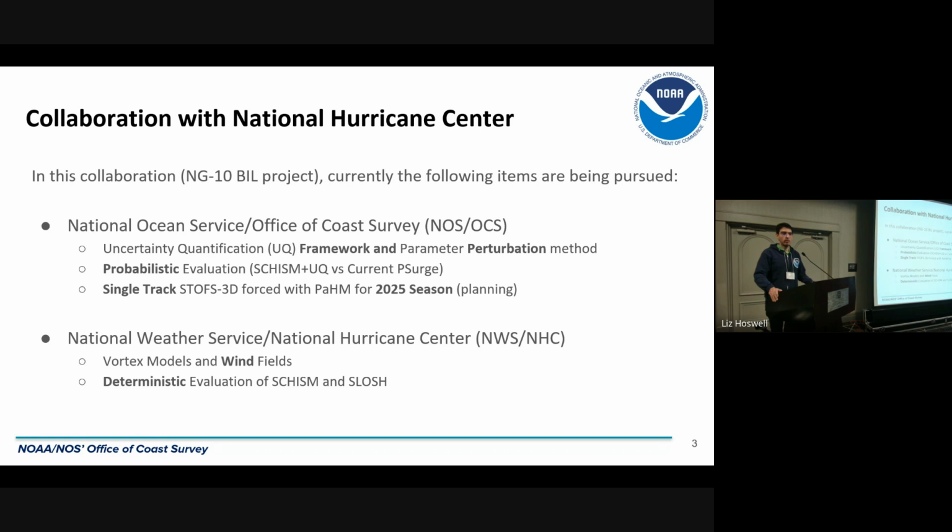On our side, we're developing a framework, which I'll get into in the next slide, and developing and evaluating this probabilistic framework. We're hoping to set up a deterministic SCHISM run for next season with a single official track, to see how the results and skill compare to a single track SLOSH, or in general with the probabilistic results from P-Surge.